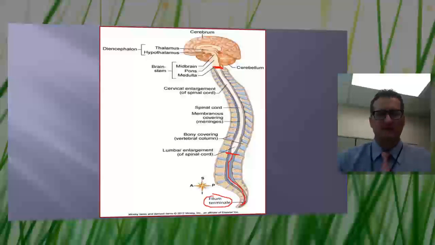One important thing to remember is spinal anesthesia and epidural anesthesia, as well as lumbar punctures, are performed in this region here. And the reason for that should be obvious.